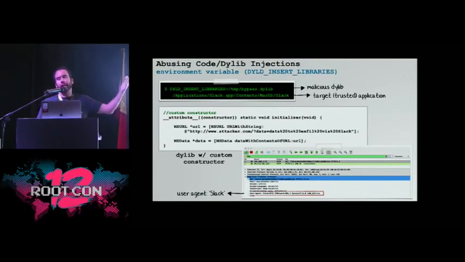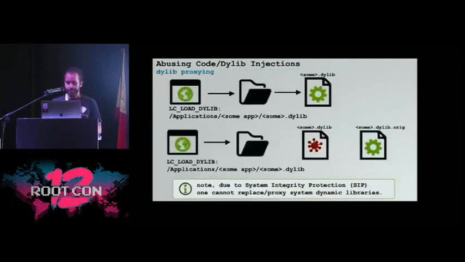Again, this dynamic library is the one that's going to do the network command and control that the firewall would normally detect. But since it is loaded into the process context of Slack, which on my system is trusted, once the dynamic library gets loaded, if we have a custom constructor, this will be executed. And again, this will be executed within Slack, so the firewall will allow it because the network request is coming from within the Slack application.